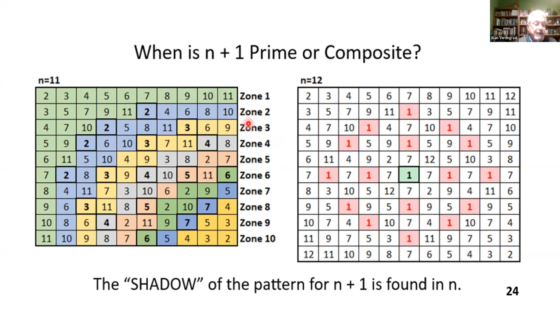And the same thing with 3's. If there are 3's in zone 3, then those will convert to 1's. And 4's in zone 4, those convert into 1's. So we actually have multiple ways of identifying the ones, what I'm calling the shadow pattern, in the square array for n.